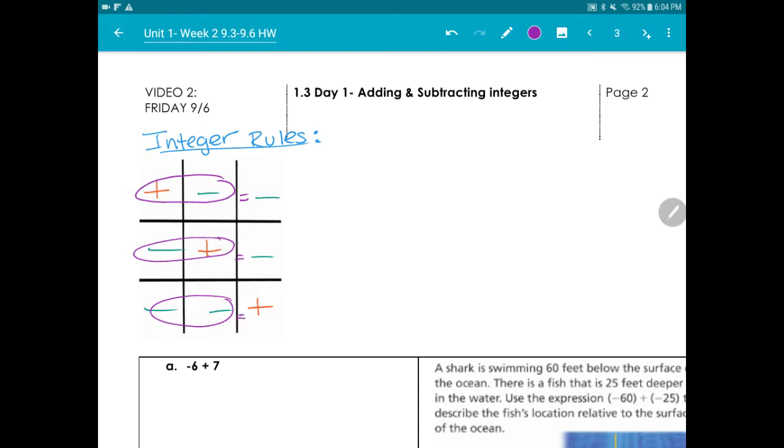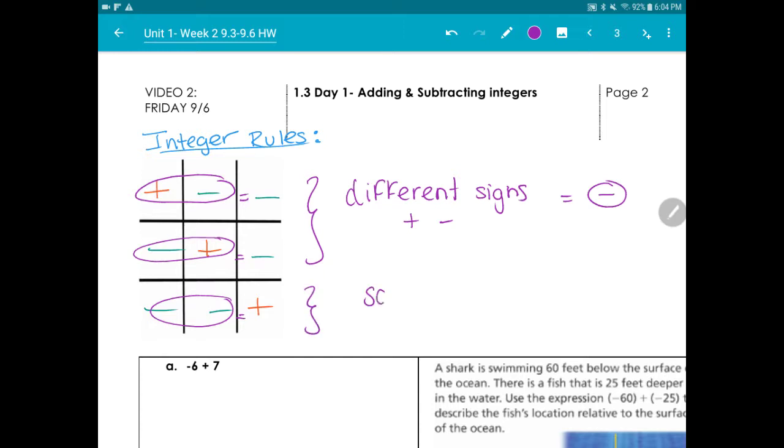So what that tells me about adding and subtracting is that when I have different signs, it means I need to subtract, and same signs mean I need to add.